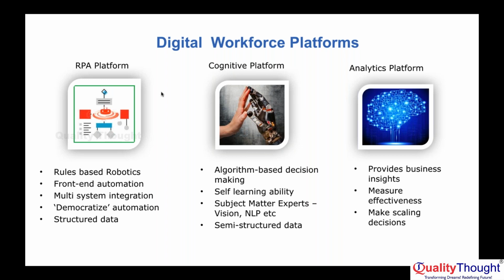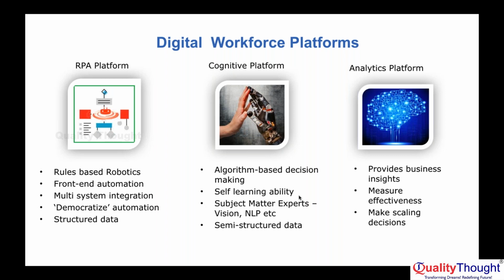It can not only make rule-based decisions, it can also make algorithm-based decisions. Algorithm-based decisions are a little different, because they look at how decisions were taken in previous days or previous cases, and then make decisions. These are currently not in big use in the RPA market, but they will make their way into it.